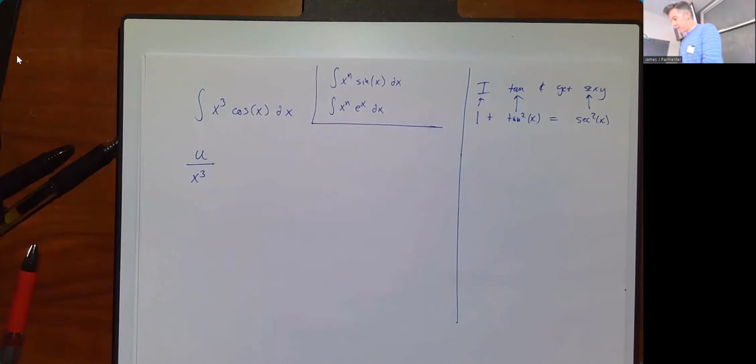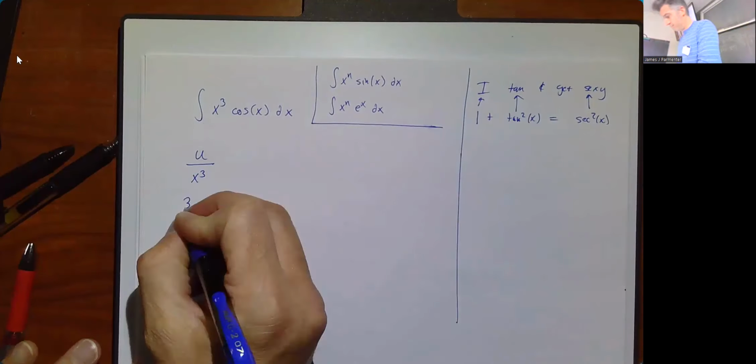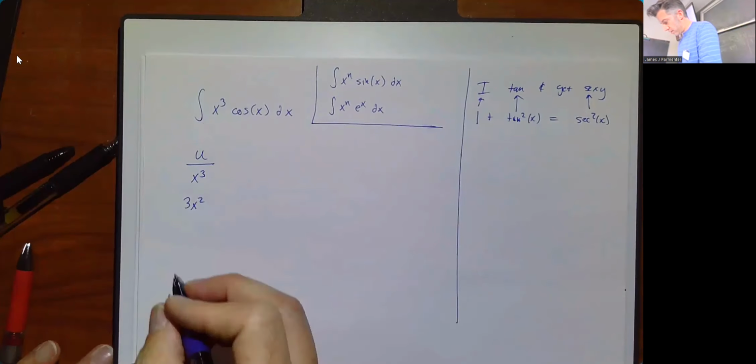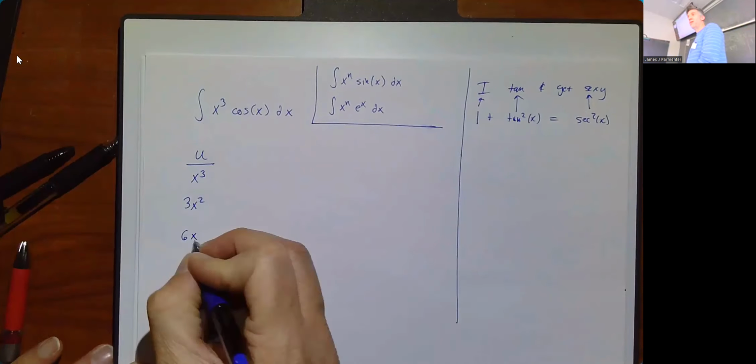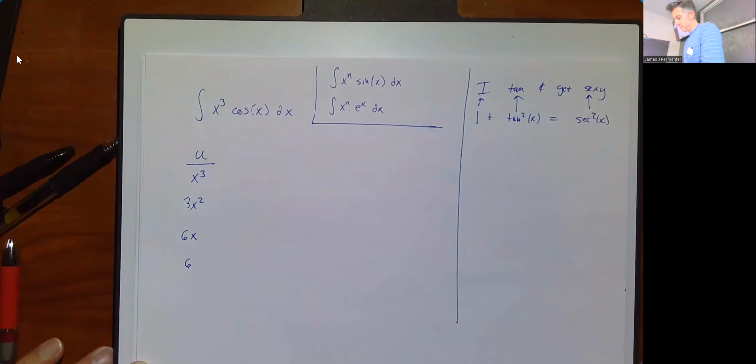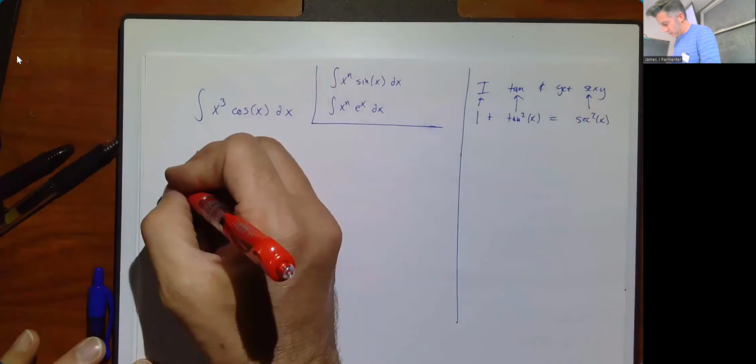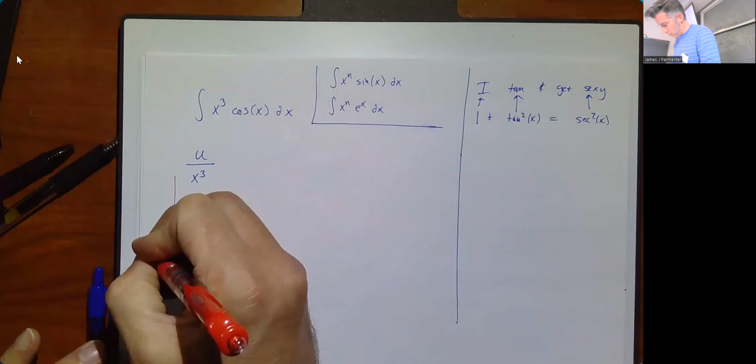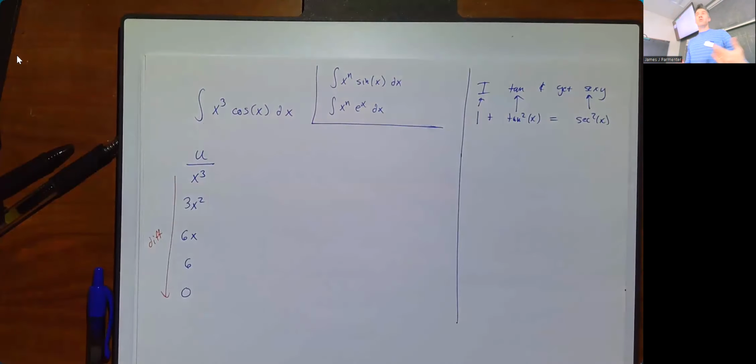The derivative of x cubed is 3x squared, the derivative of that is 6x, and the derivative of 6x is 6, and the derivative of 6 is 0. Yay. So on this side, you take all the derivatives, differentiate your u, just like you normally do when you do integration by parts. You start with u and you find du, your derivative of u.